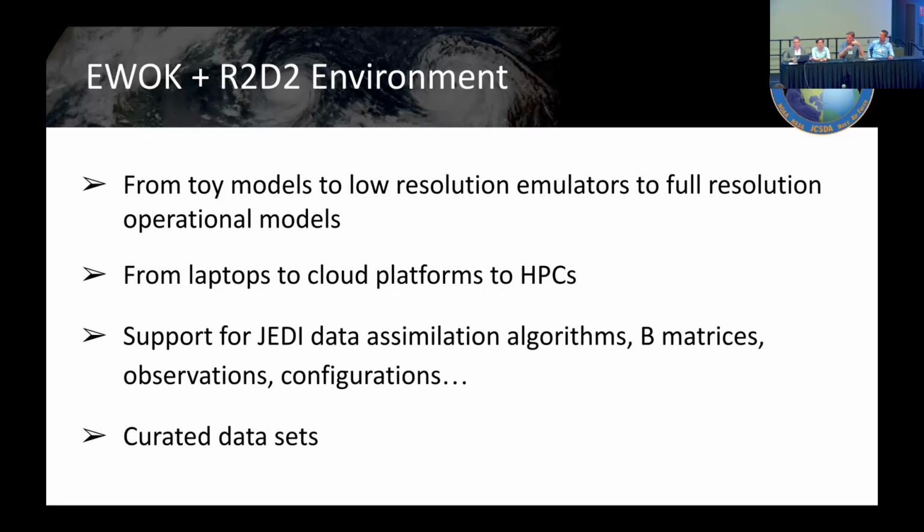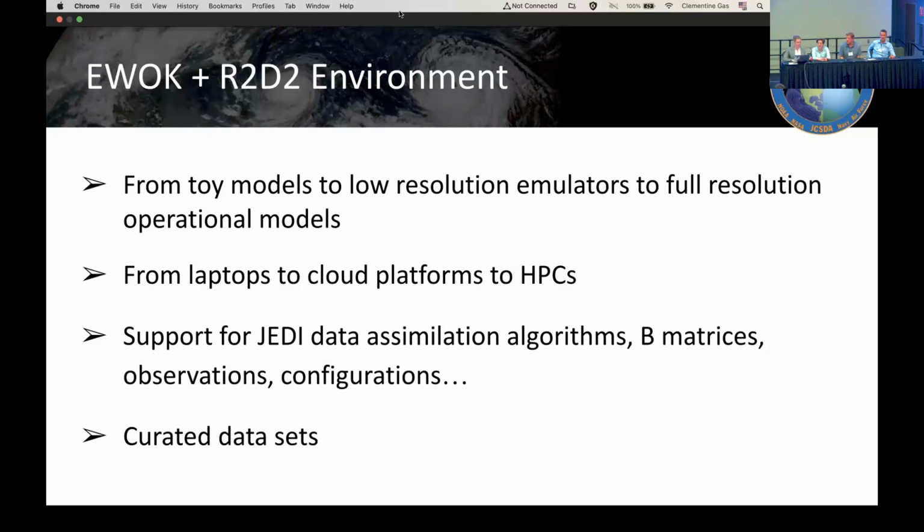When you run a JEDI assimilation, you have a portion of YAML that describes the background error. You just put that in a file and point to that file, and you can replace that file by a new one if you have a new background error.